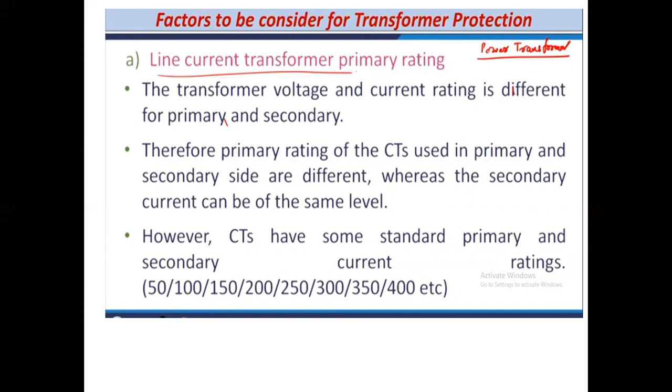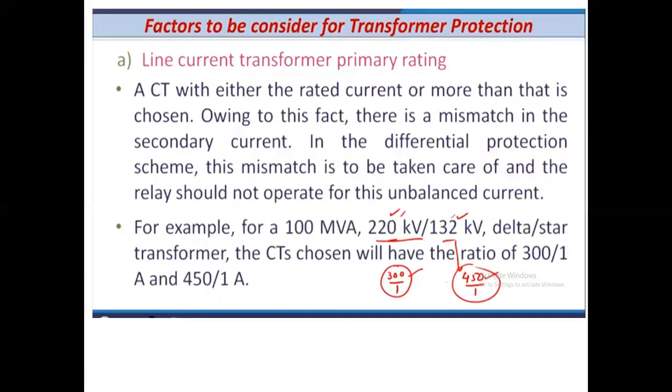This is the example I have discussed, and this is the CT ratio. This is the 220 kV side of the transformer, and this is the 132 kV secondary side. The delta is 220 kV and the star is 132 kV.